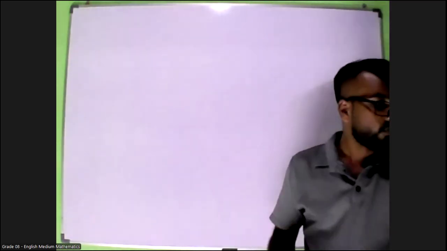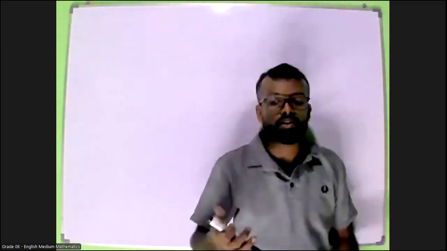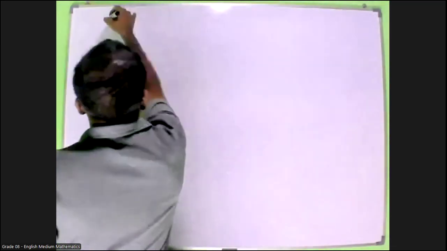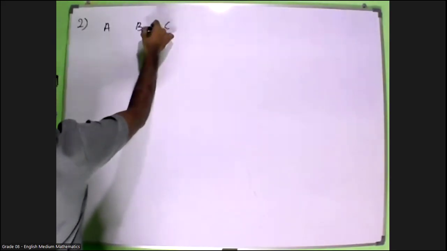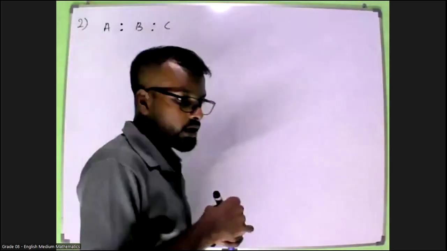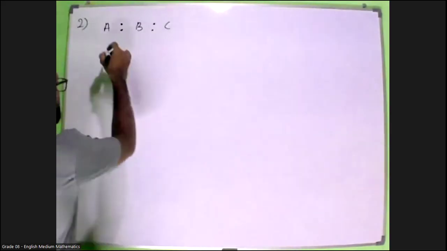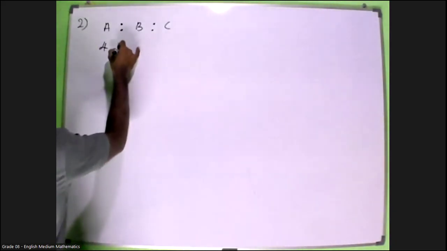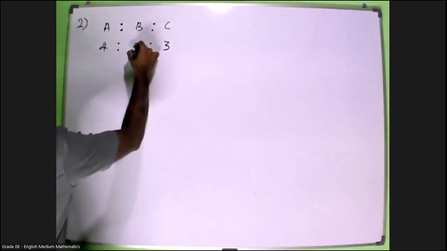The stock of dry rations is distributed among the three families A, B, C. This is the 16.1 second question. A, B, C, dry ration. What is the ratio? 4 to 5 to 3.